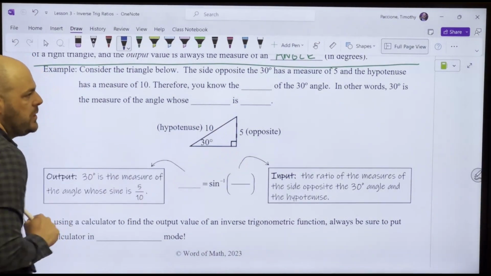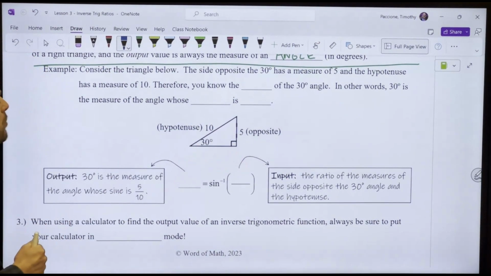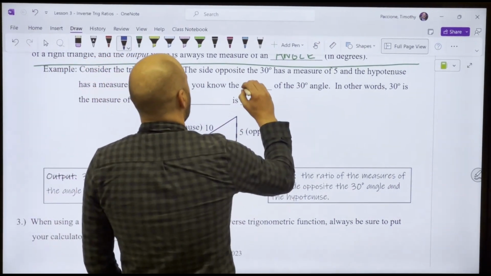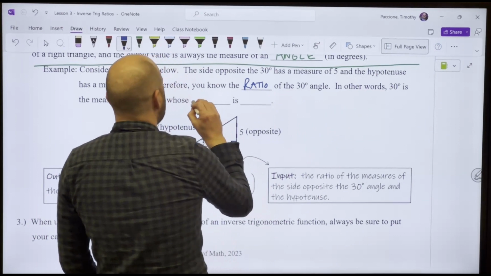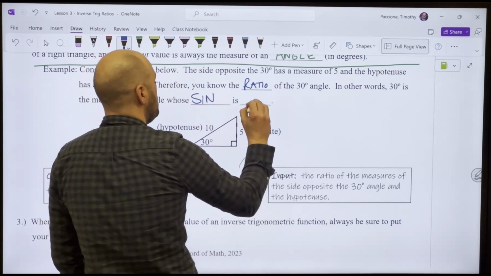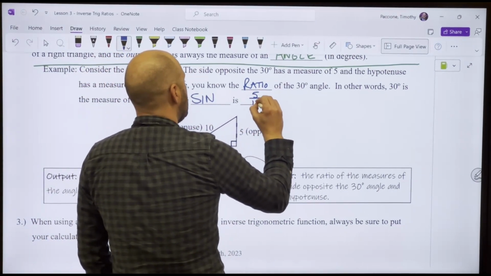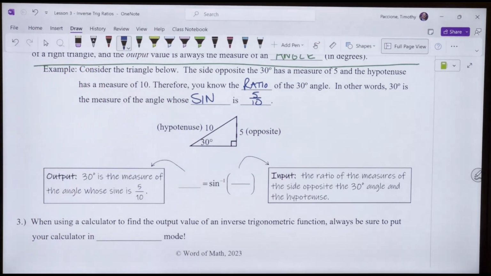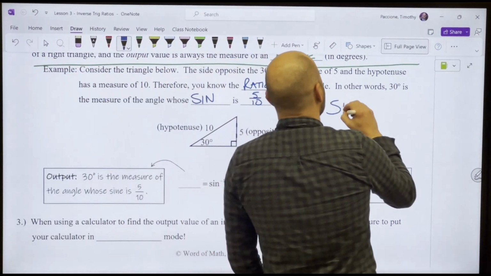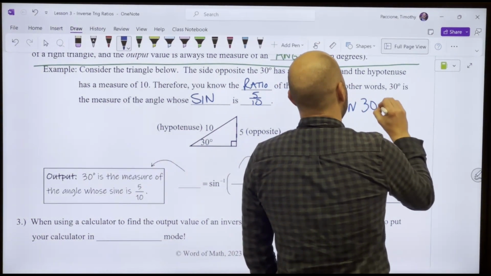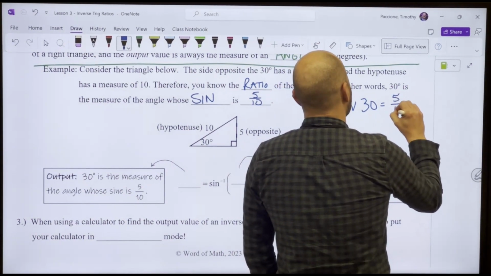The hypotenuse, we know, it's 10. So we know the ratio of the angle. In other words, we know that the sine of the angle is 5 over 10. Okay? So we know sine of 30 equals 5 over 10.